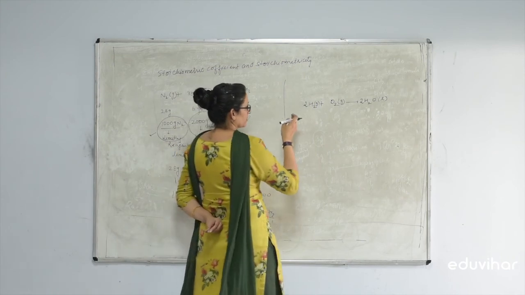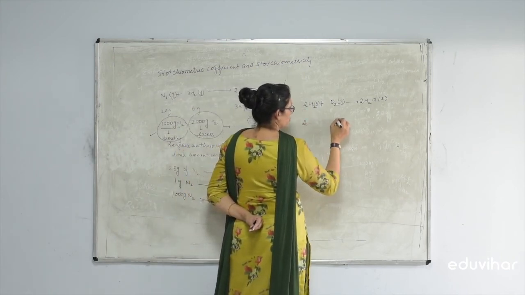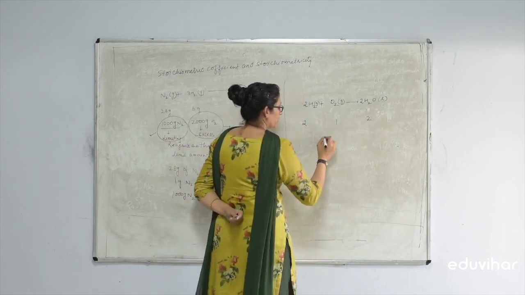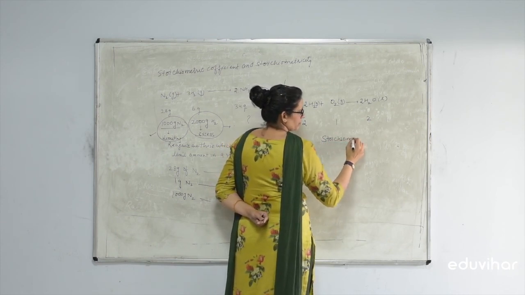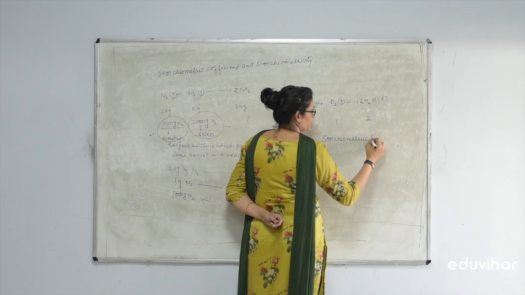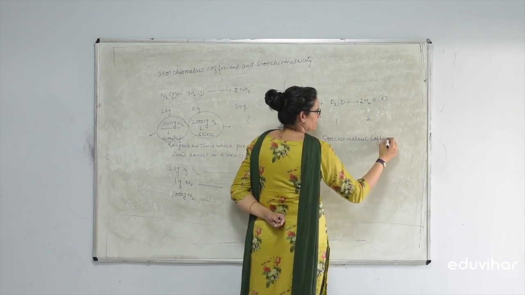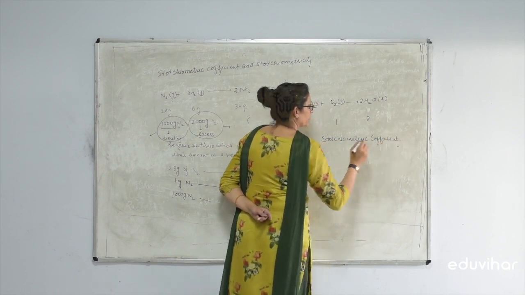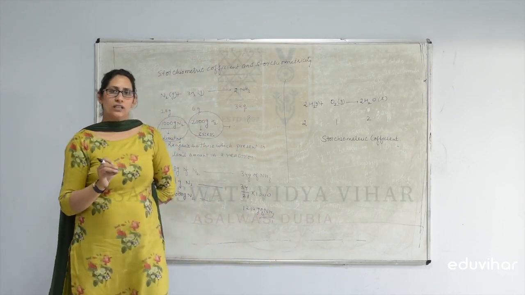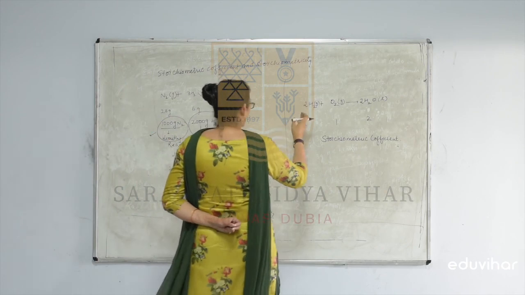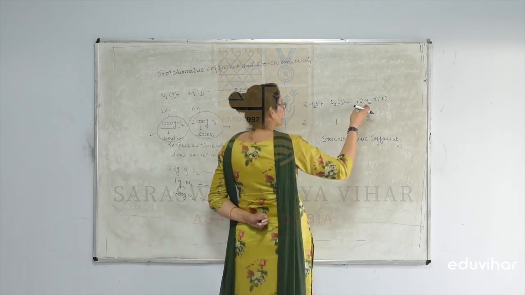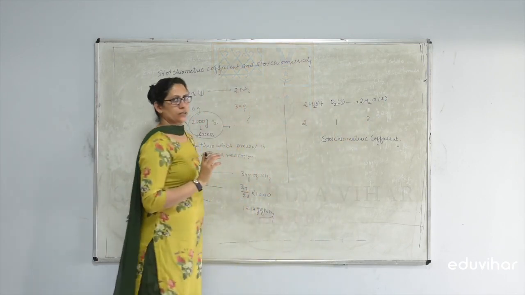By balancing this, 2, 1 and 2 are known as stoichiometric coefficients. And this stoichiometric coefficient is very important. That tells us about the number of moles which react and how many moles of product are formed.